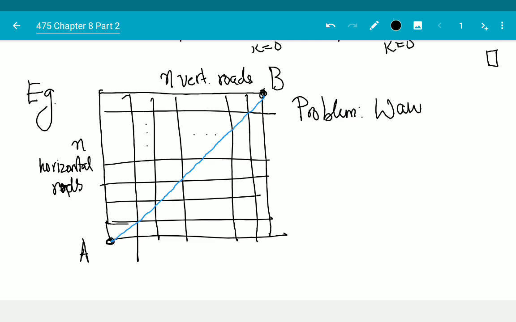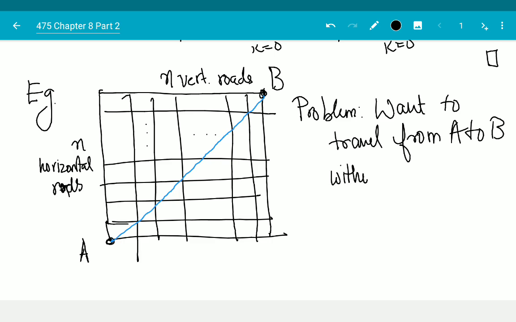We want to travel from A to B without crossing the diagonal.